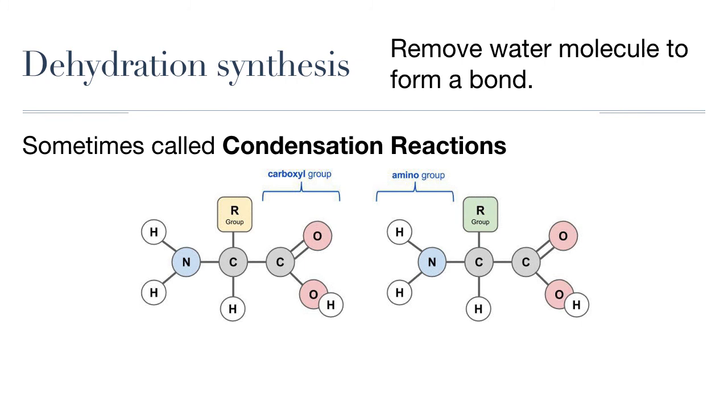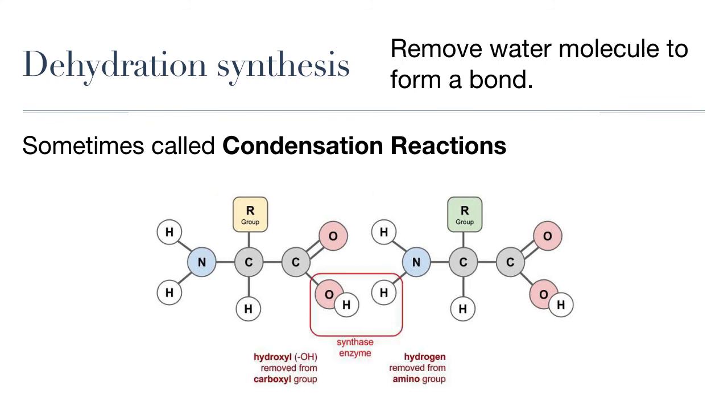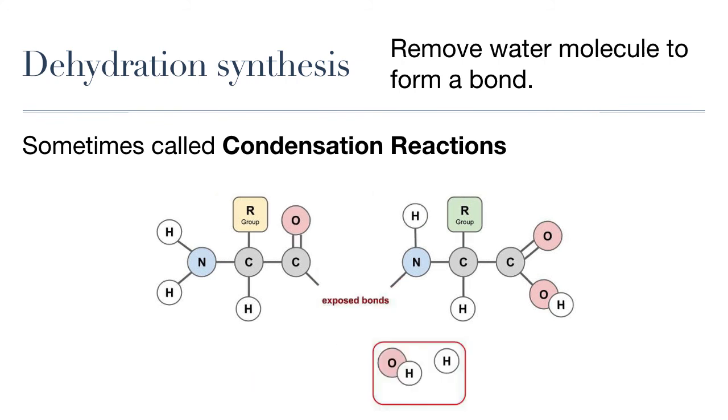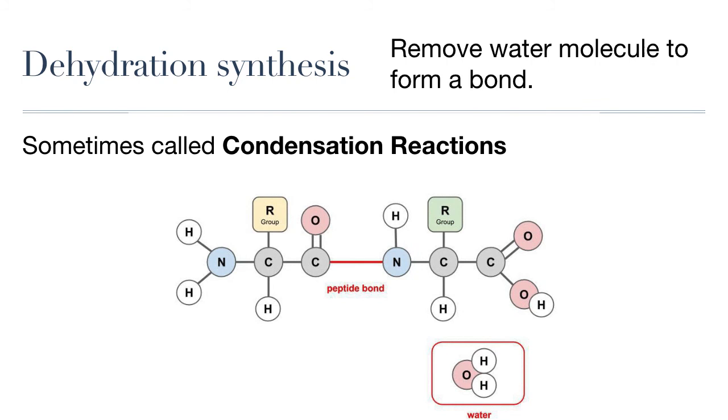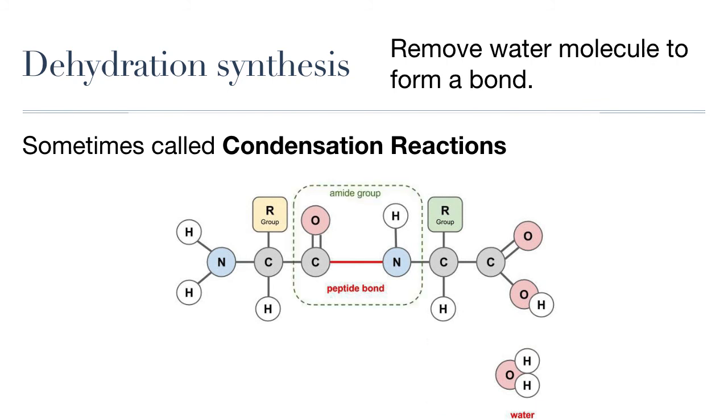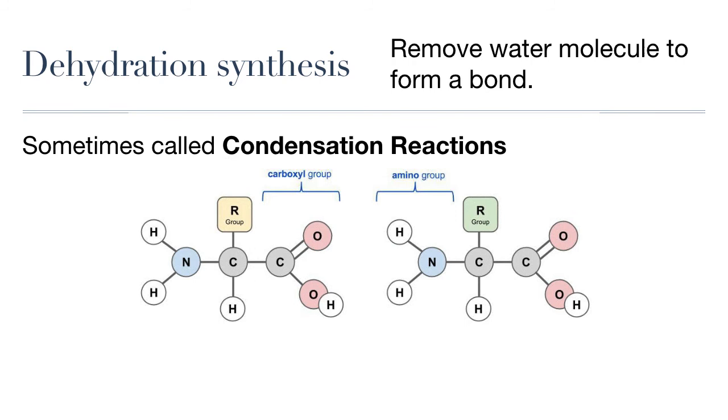And remember that the functional groups of the molecules are the ones that are involved in the chemical reaction. So let's watch what happens when the carboxyl group of one amino acid reacts with the amino group of another amino acid. The enzyme removes the hydroxyl group from the carboxyl group and one hydrogen from the amino group to form water, and then forms the bond.